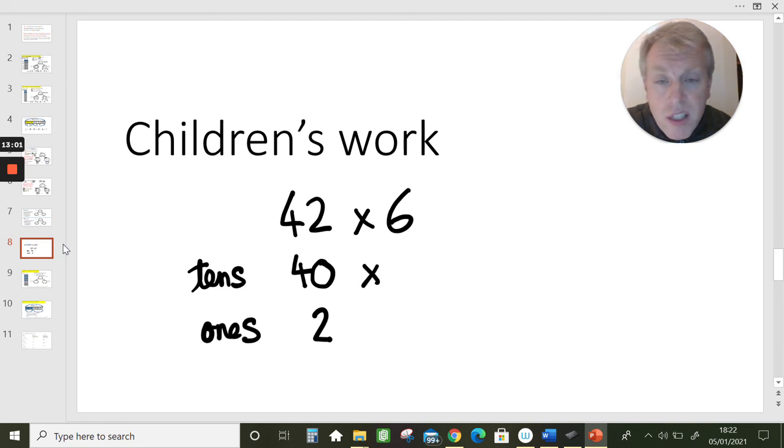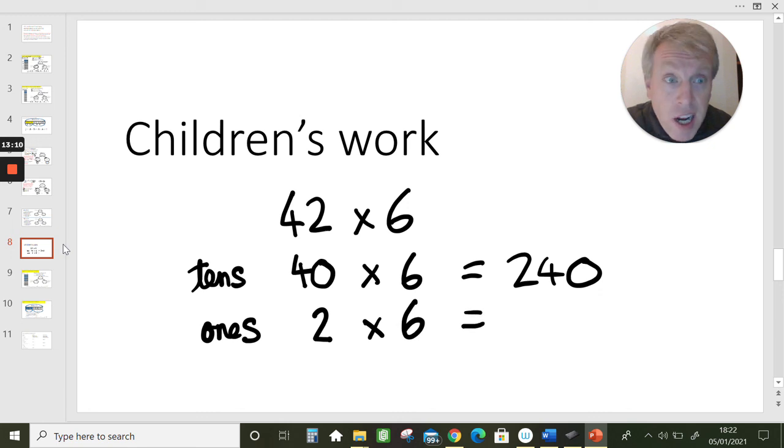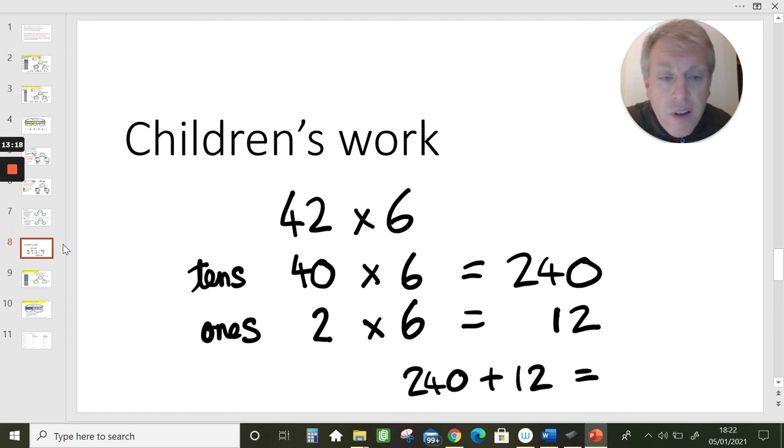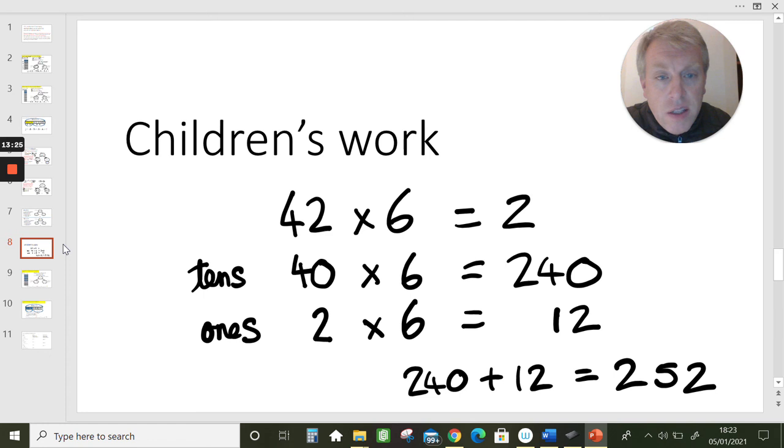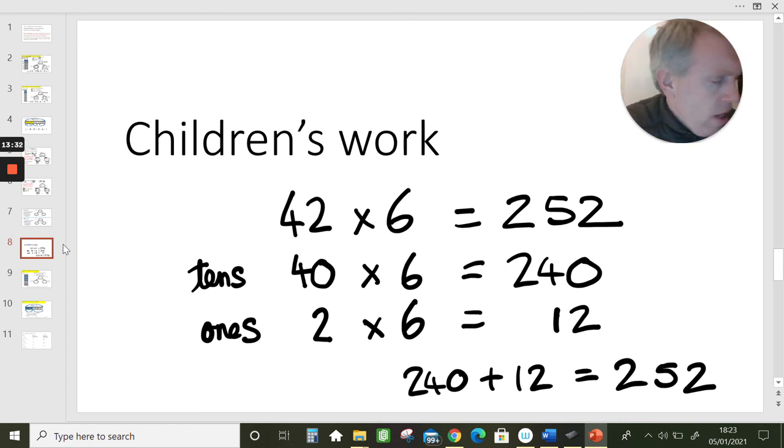But still 40 times 6, 240. 2 times 6, because we're counting groups of 6, is 12. 240, add 12, 252. 42 times 6 is 252.